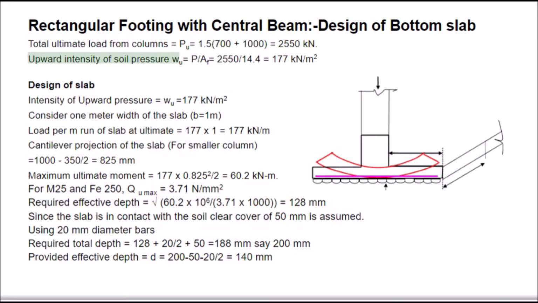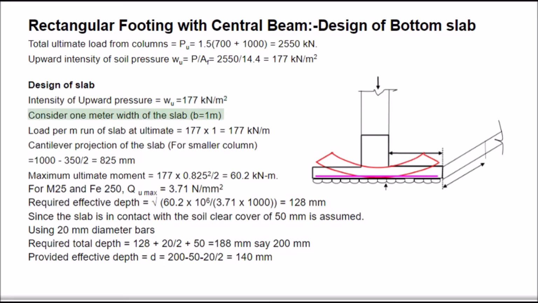Upward intensity of soil pressure wu equals P/AF equals 2550/14.4 equals 177 kN per square meter. Design of slab: intensity of upward pressure equals wu equals 177 kN/m2.